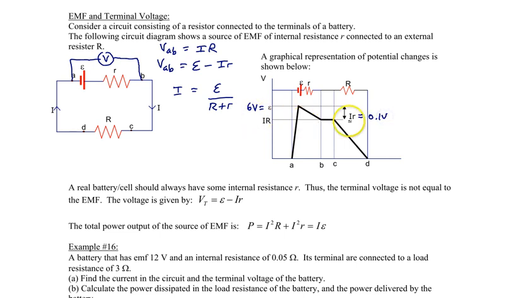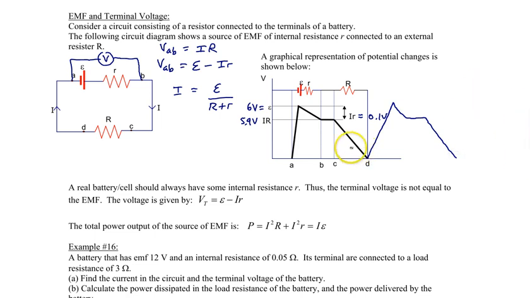Therefore, outside of the terminals, when it gets to B, we now have 5.9 volts available for the rest of the circuit. And then as that charge flows from B all the way back to the negative terminal of the battery at A, it will lose the remaining 5.9 volts when you get to D. Then this cycle would repeat itself once more and continue going onwards.